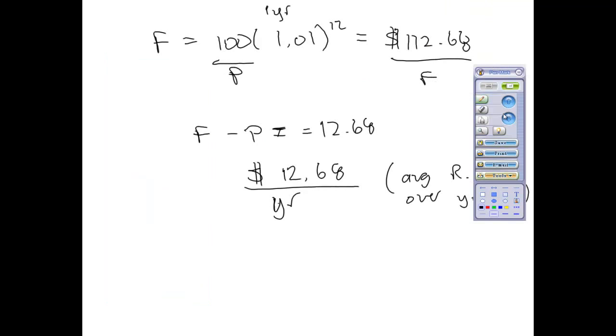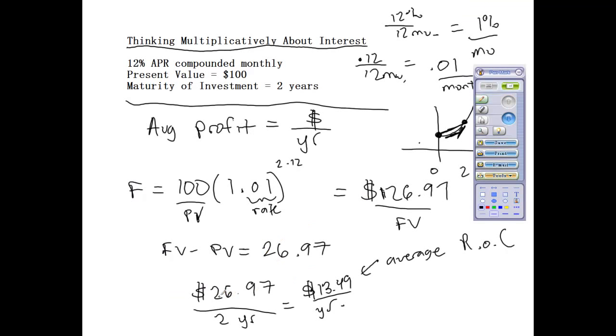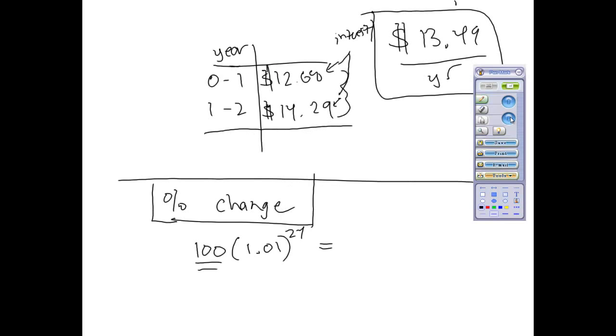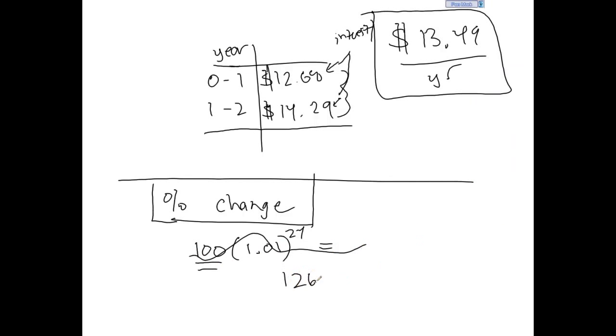The answer is 126.97. So 126.97. Okay. Well, if we take 126.97, that's our future value, and if we divide it by our present value, which is $100, we can get the percentage change.